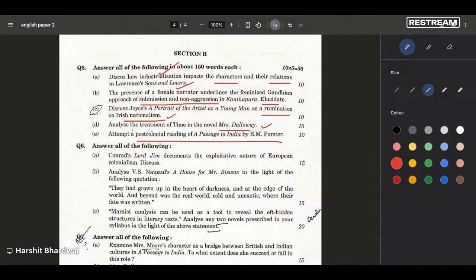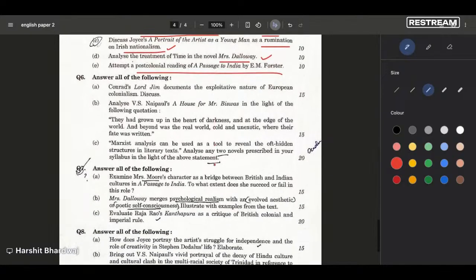So when you read A Passage to India, what impact of colonialism can you see on the natives? That's the post-colonial reading, right? Okay. Moving on, longer questions.